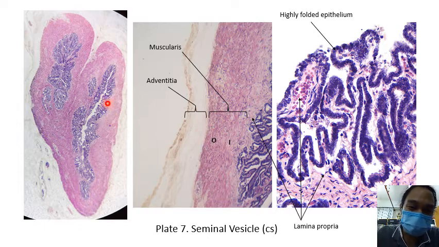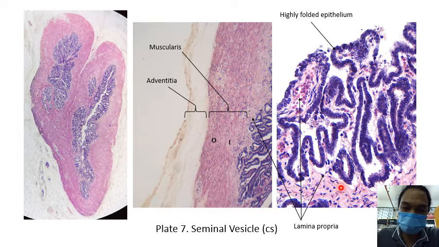So we can see here the characteristic folding of the epithelium of the seminal vesicle. So very complex patterns. You have sort of cuboidal epithelia, and there are supposed to be yellow pigments inside of these epithelial cells.